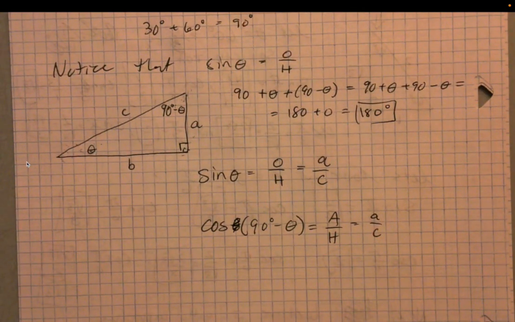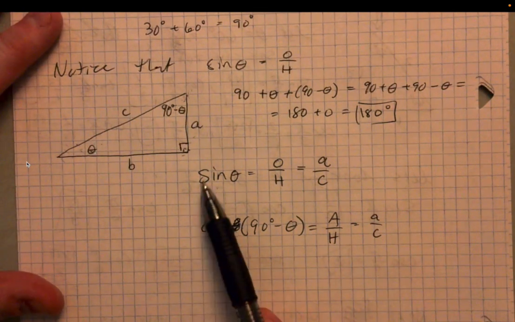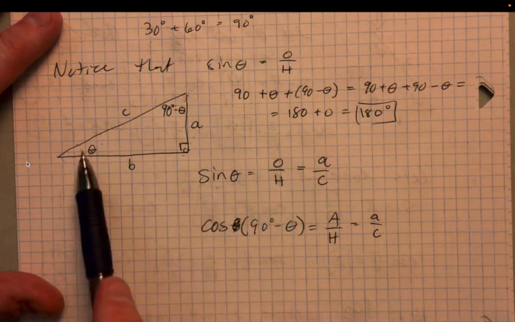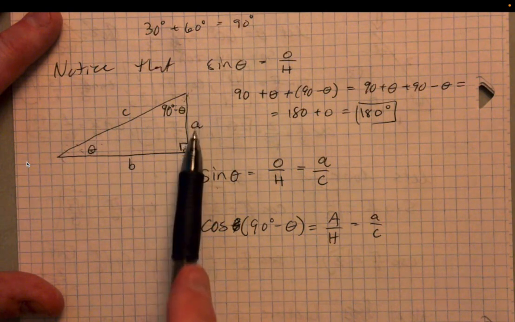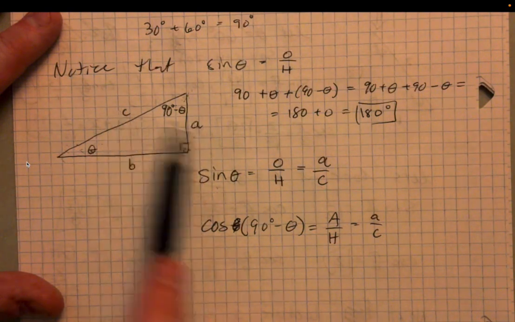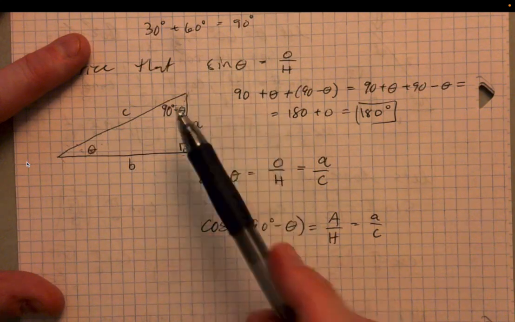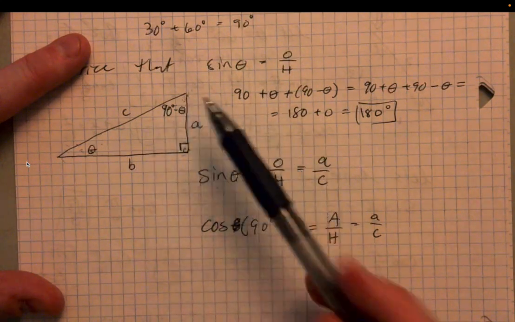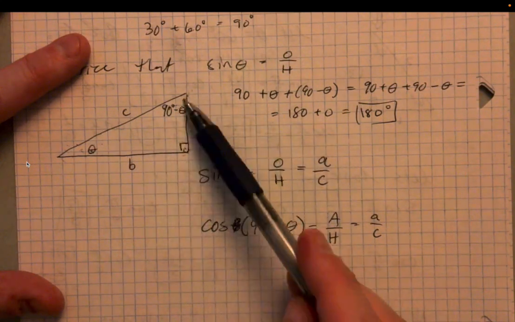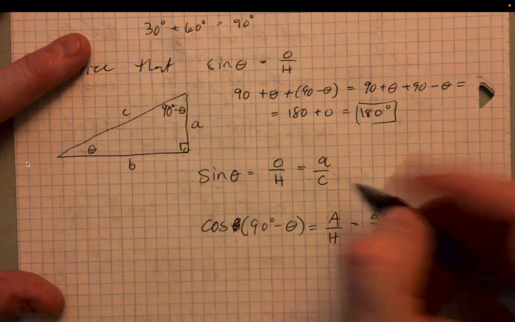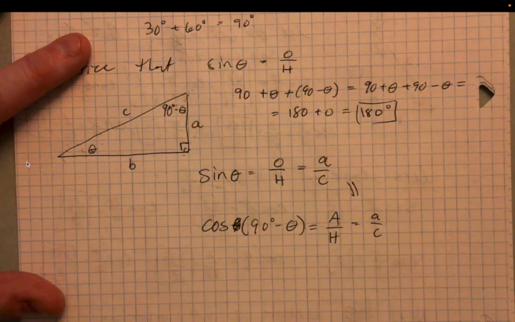Right? So the sine of theta is opposite over hypotenuse, so A over C. The cosine of this other angle, 90 minus theta, is adjacent over hypotenuse, which is, again, A over C, right? So these two are equal.